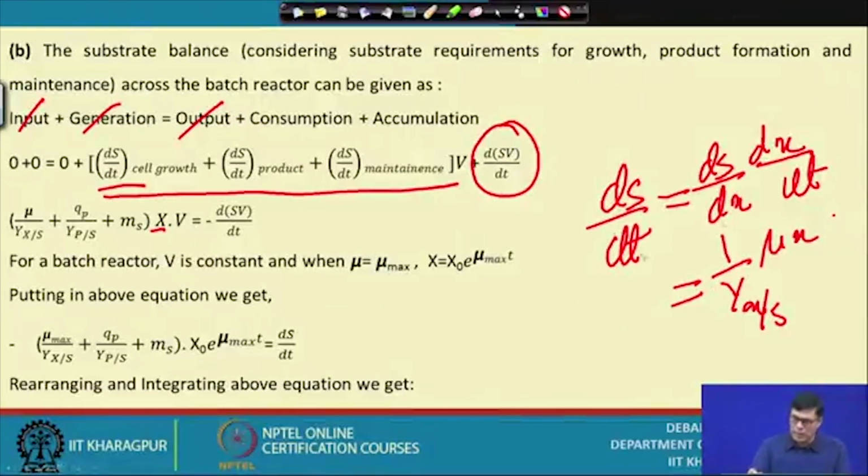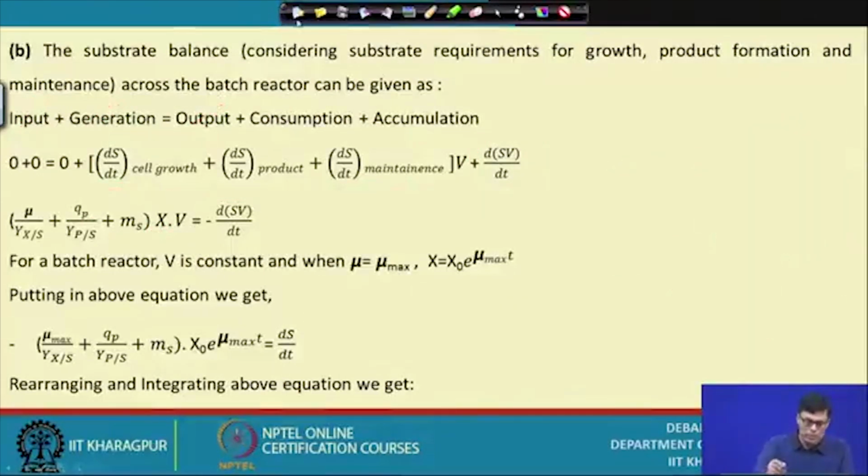I can write it in a similar way: dS by dP into dP by dt. Here qp is the specific product formation rate. What is the specific product formation rate? It is 1 by X dP by dt, am I right?